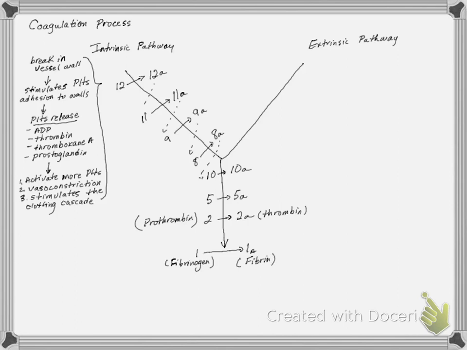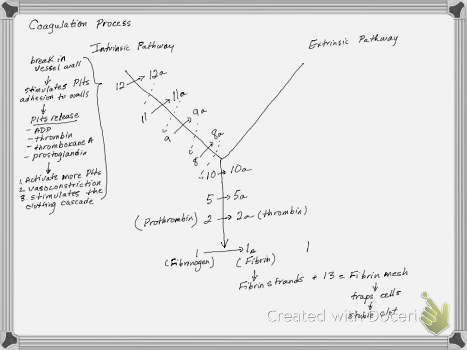Okay, now the fibrin becomes fibrin strands, and it's these strands that create like a little net, along with factor 13, which, you know, you get a fibrin mesh. And this is going to trap cells and create a stable clot.